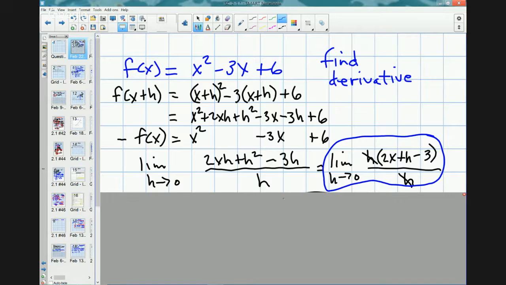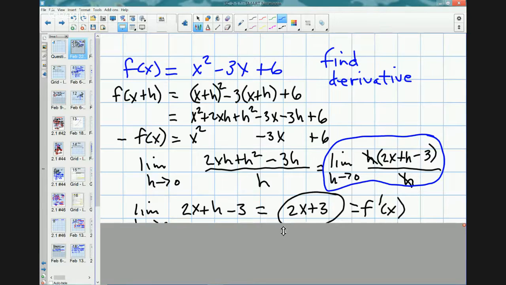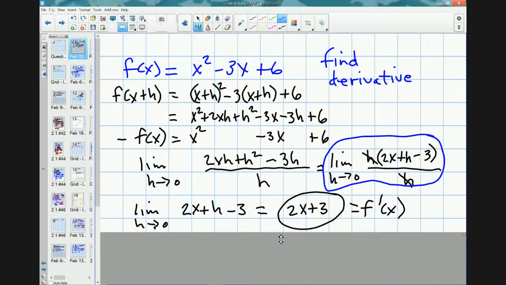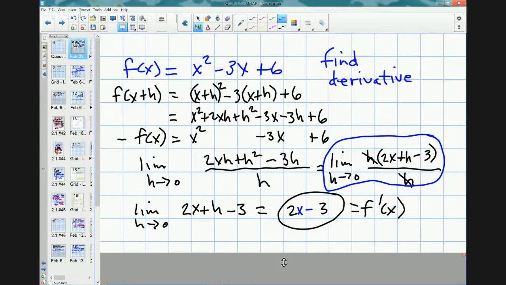It's just 2x minus 3. That's supposed to be a minus 3 here. So there's our derivative, 2x minus 3. And that's it.